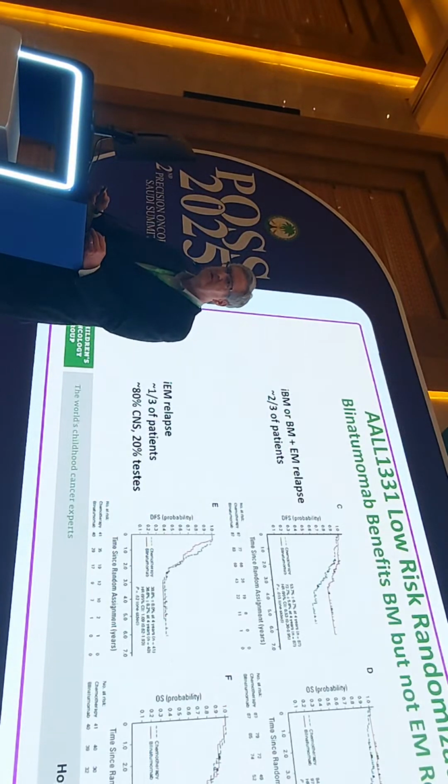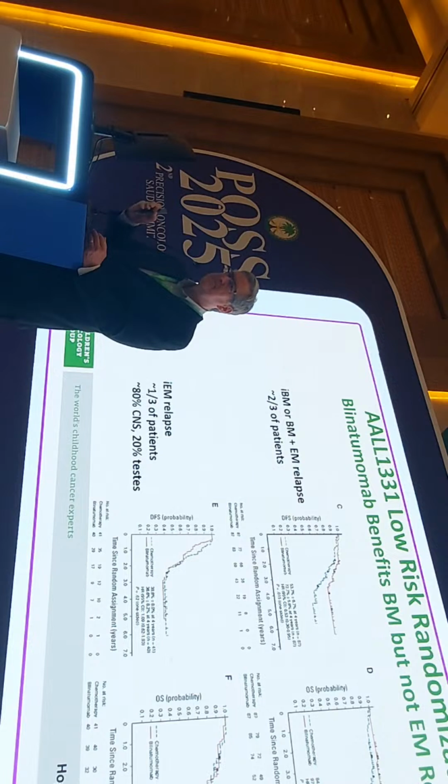And here we see some very interesting results. On the top slide, we look at the outcome for the approximately 2/3 of patients that had isolated or combined bone marrow relapse. And for those patients, blinatumomab significantly improved disease-free and overall survival.